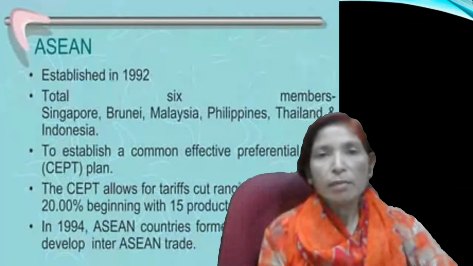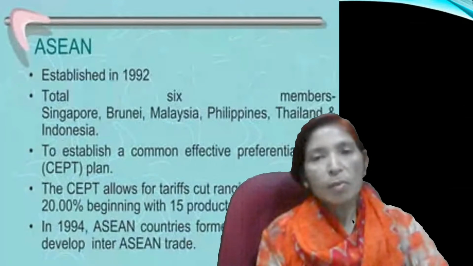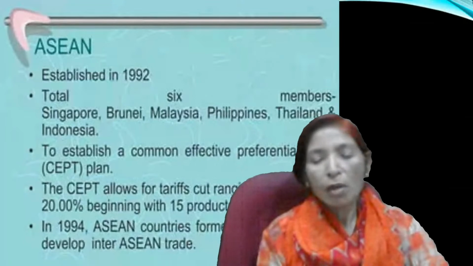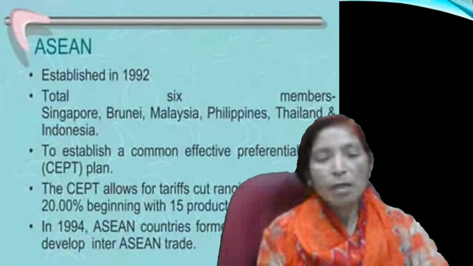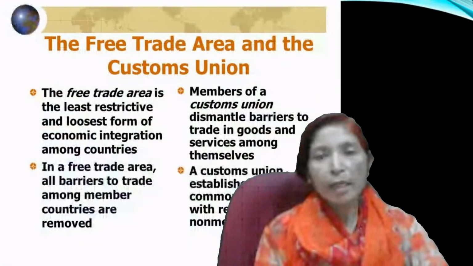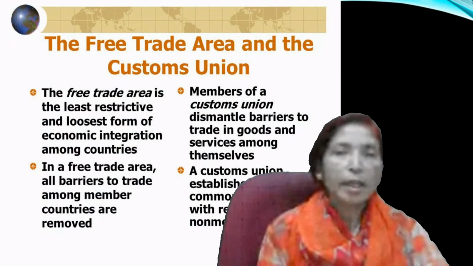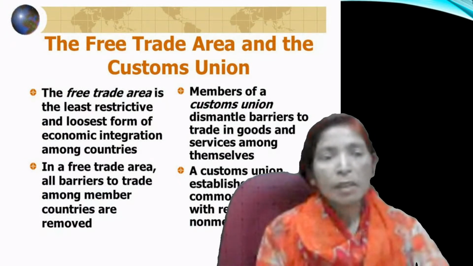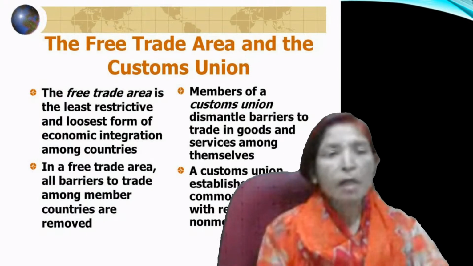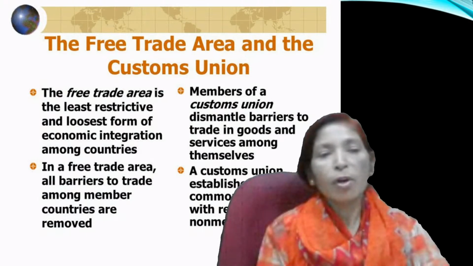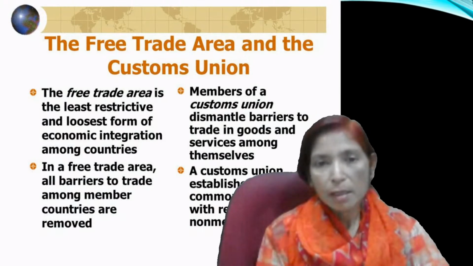In 1994, ASEAN countries formed AFTA, the ASEAN Free Trade Agreement, in order to develop ASEAN trade. Free trade area and customs union: what is the difference between them? In a free trade area, very few restrictions are imposed by government, and it is the loosest form of economic integration among countries.